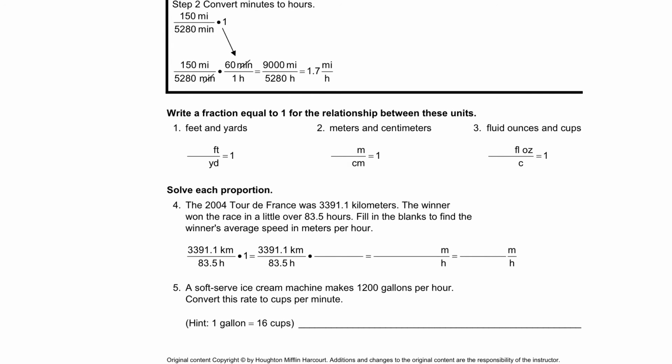So the idea is that conversion factors, if you notice what they're trying to show you, is that all of these will equal 1, and that's why we can use them however we want to. And so the idea is that we're going to be given a fraction with different numbers that don't technically equal 1, but they're showing you that they equal 1 because they are the same no matter what. Just like there are 3 feet for every 1 yard, those are the same.